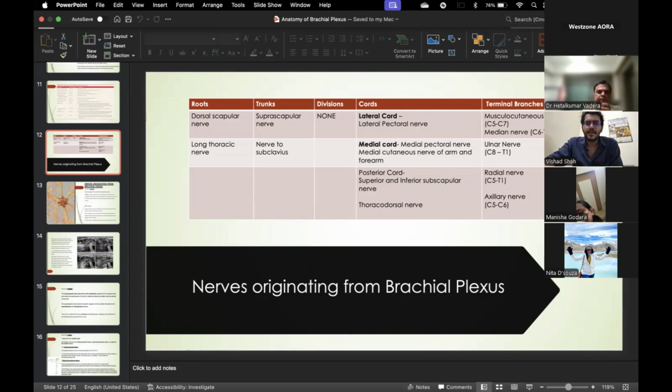In plane, ma'am. In plane we have done. We'll hydrodissect first and locate where our needle tip is, and then we'll put the catheter along that, and then we'll hydrodissect to check where the drug has spread, and then later on we'll fix it.